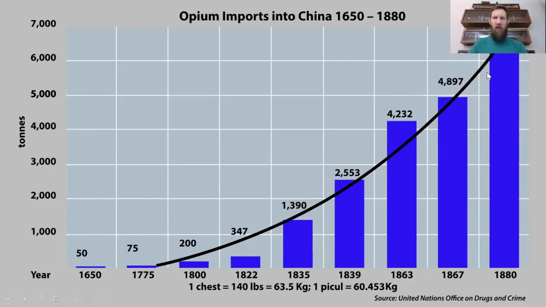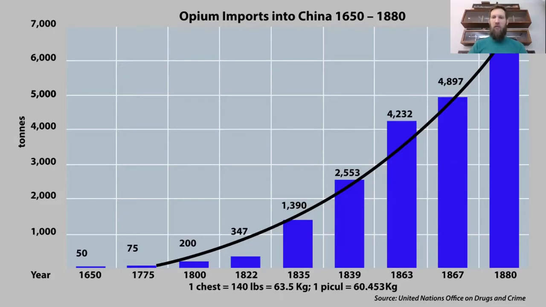I'm going to just move myself out of the way here for a second so you can see. So if we're looking from 1650 until 1839, because that's going to be roughly right before the beginning of the First Opium War, you'll see that we go from about 50 tons of opium in 1650 to 2,553 tons in 1839. And this is the amount that's making it into China.